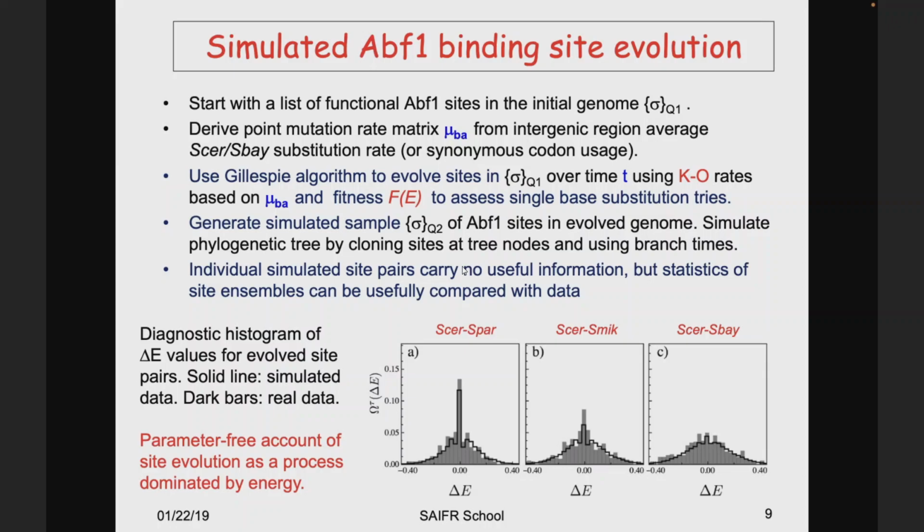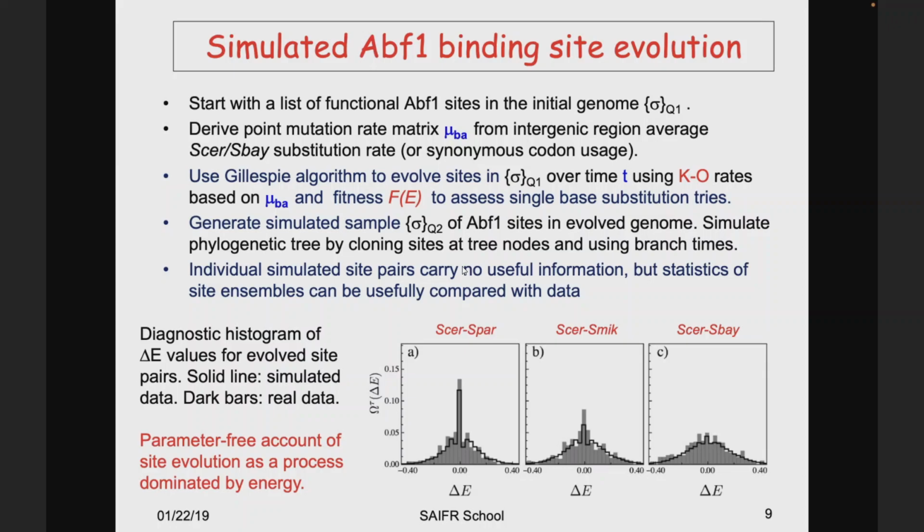They're in groups of 4 for the 4 species, because I have many different instances of this whole evolution. And now, to give ourselves a sense of how well we're doing, for each of these evolved sites, for however many initial sites we started with, we can start looking at the difference in the energy of the evolved sites, all right?